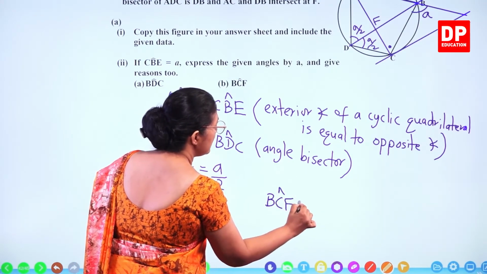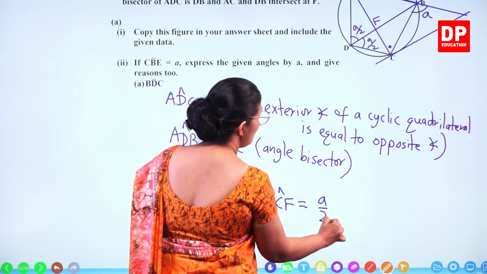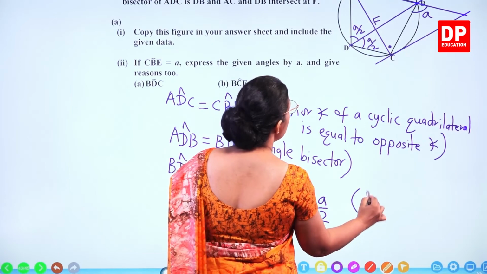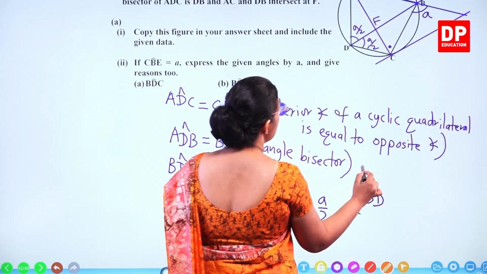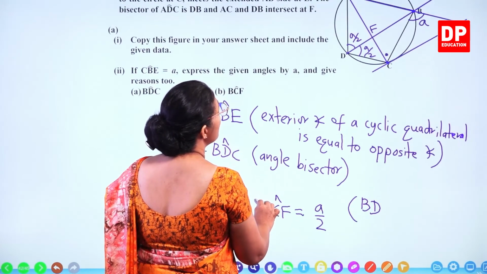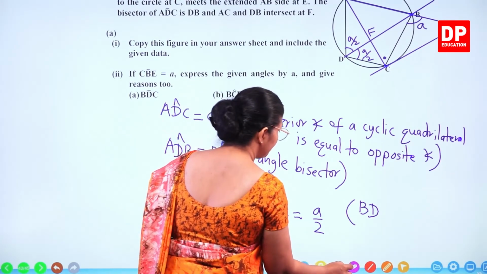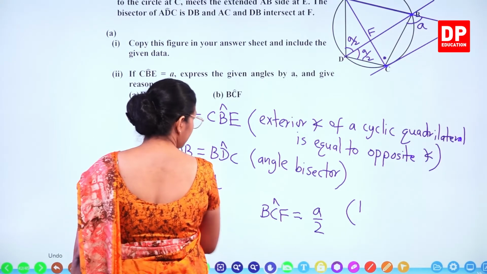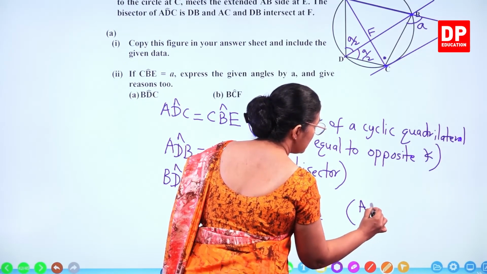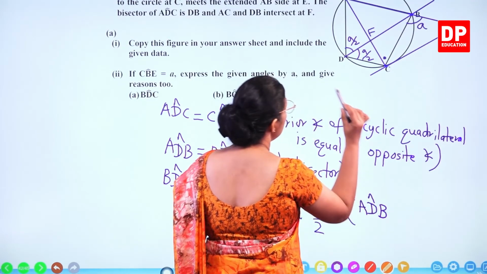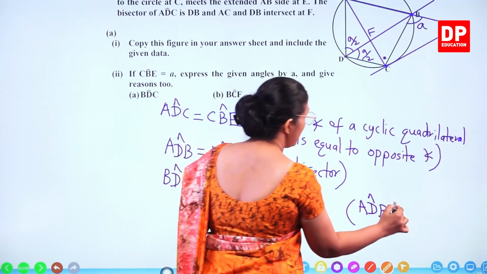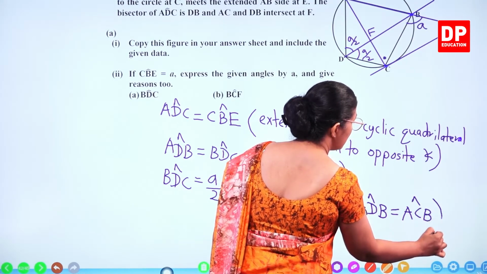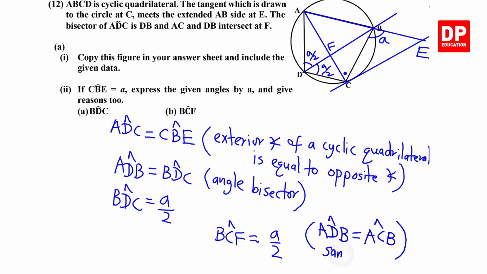BCF angle is equal to A over 2 because ADB angle and ACB angle are same segment angles.